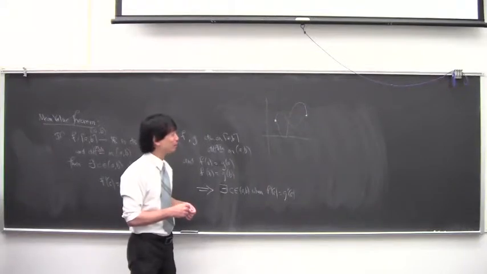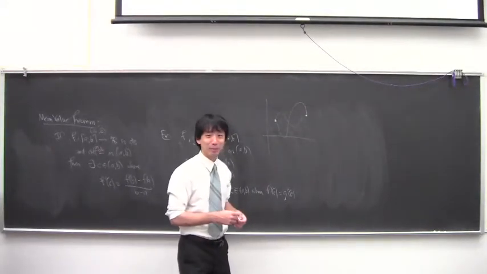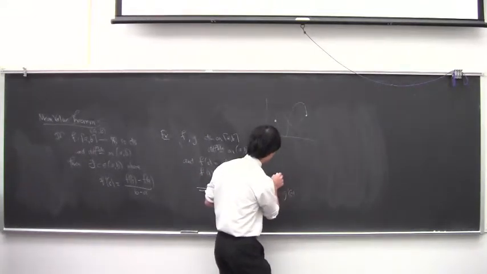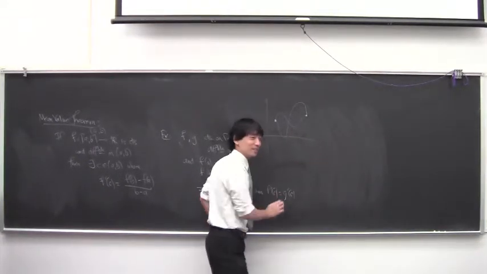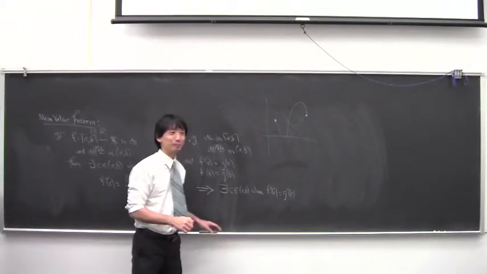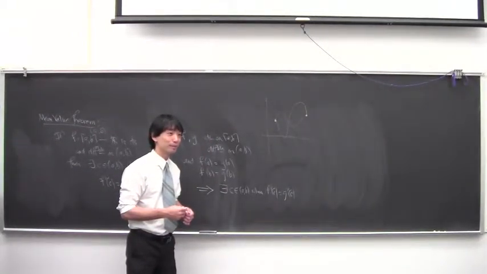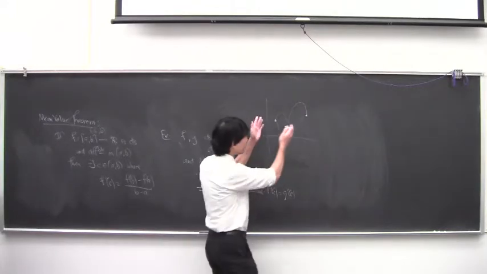I always have people coming in after class. What happens if you have a line that goes like this and a line that goes like this? They both still have a point that has the same slope as the secant line. They can be different. The mean value theorem still holds.